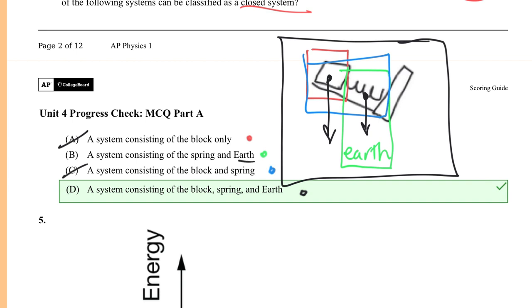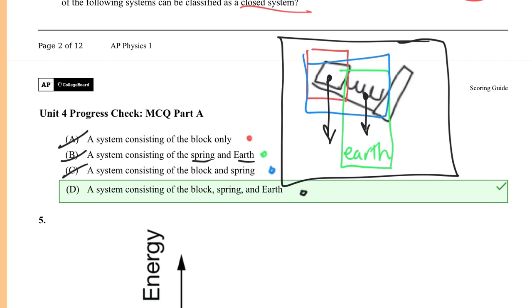This time, it includes force of gravity, but it only includes the spring. It does not include the block. So the thing about there not being the block is that the block should provide a force that is acting on the spring. Because the spring is acting on the block, the block in return acts on the spring. That's Newton's third law. So whenever you apply that, you can know that there is an external force.